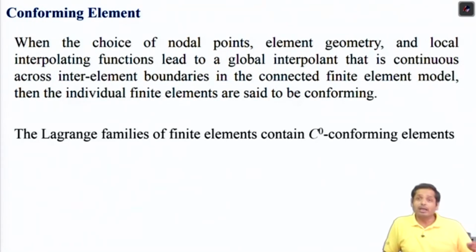And we had seen that if we have the interpolation only of the primary variable, then the global continuity is seen. So the Lagrange families of finite elements we have discussed so far contain C0 conforming elements. All the elements we have in this family are C0 conforming. What C0 continuity is, we had already discussed.